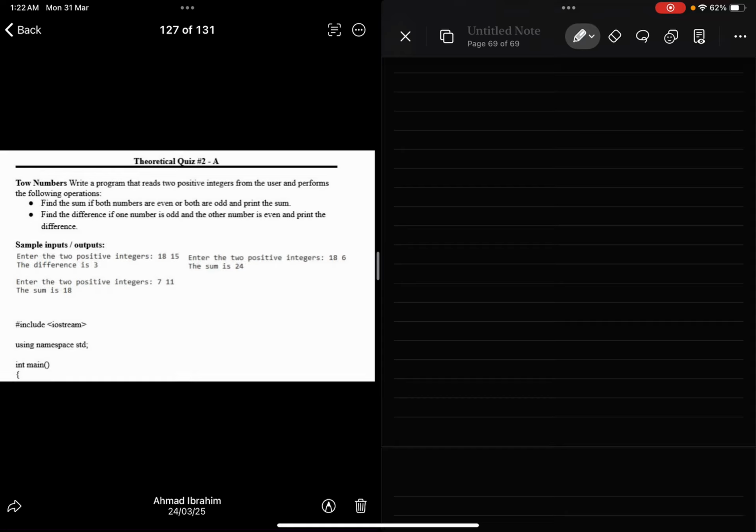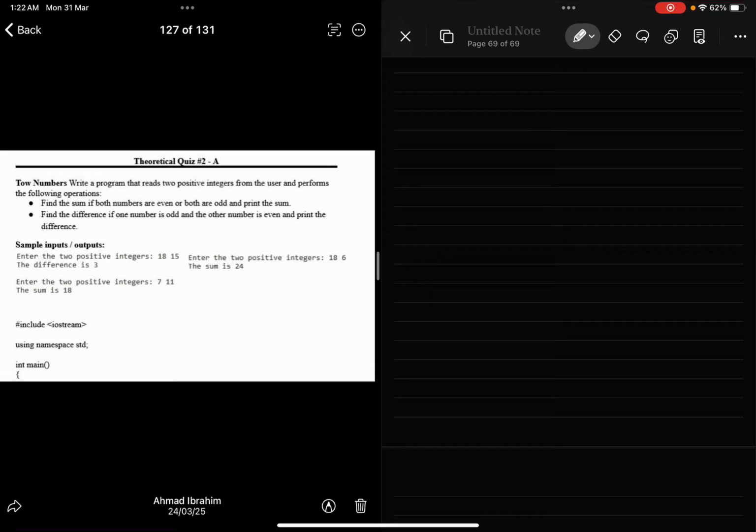For the next one, write a program that reads two positive integers from the user and performs the following operation. Find the sum if both numbers are even or both are odd, and print the sum.